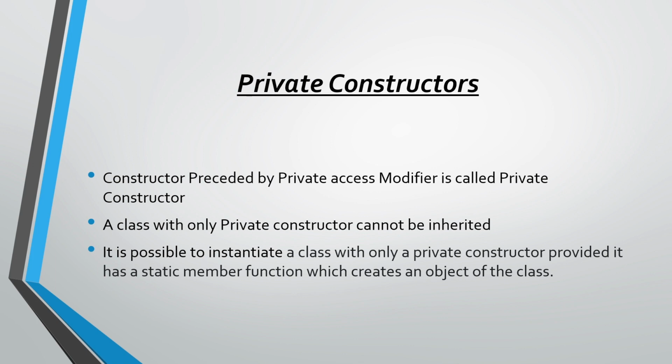In that scenario, inside the class we can create a static member, and as you already know, a static member can be called through the class name directly and it does not require any object. So we call this static member outside the class, and inside my static function I'll instantiate this object and return the object. Okay, this is how you will create the object.